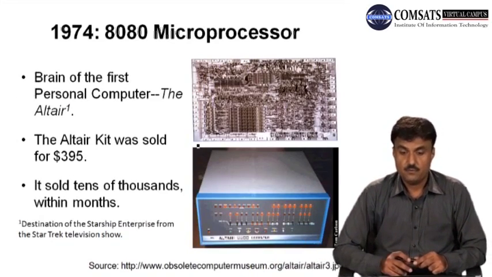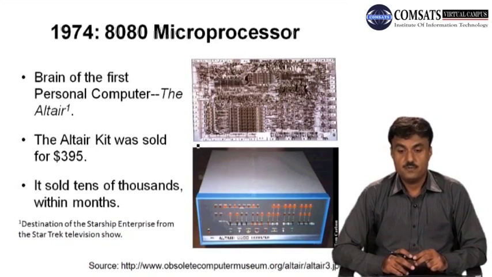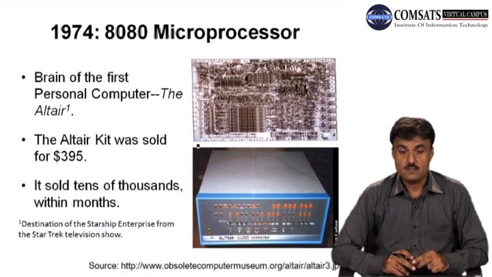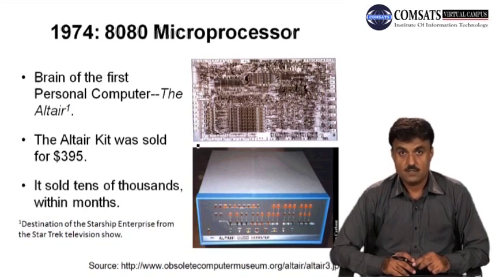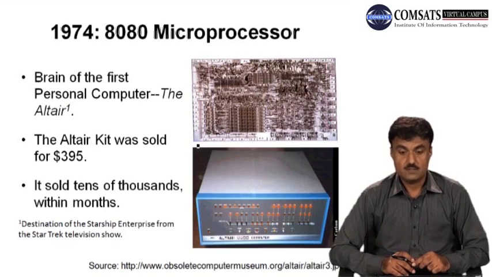After that, in 1974, Intel produced another microprocessor, titled the 8080. This microprocessor was considered the brain of a personal computer kit named the Altair. The Altair name was chosen from the very famous television show Star Trek.